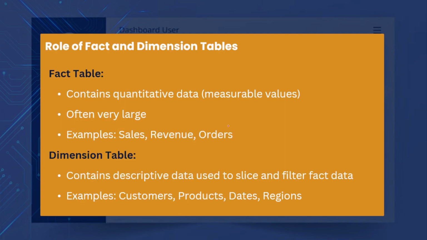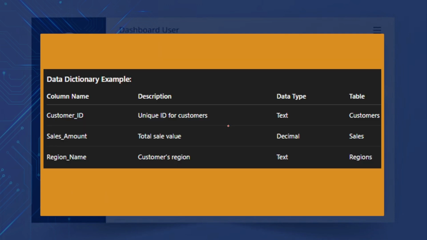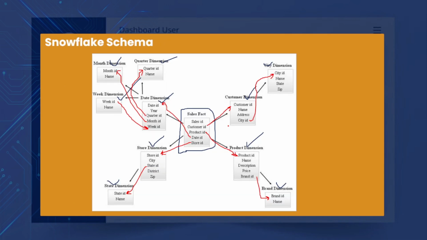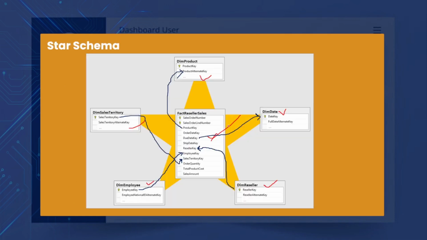Now let's talk about the role of fact and dimension tables. What role do these two tables play? I've actually talked about each of these, but now let's look at them separately. Looking at the fact table, it actually contains quantitative data, that means measurable values. Remember in this example where we talked about building the model?